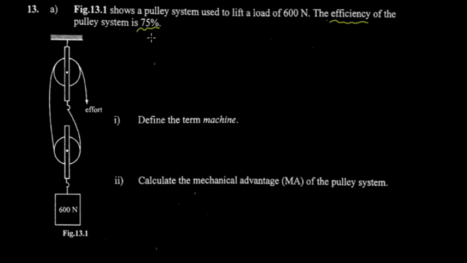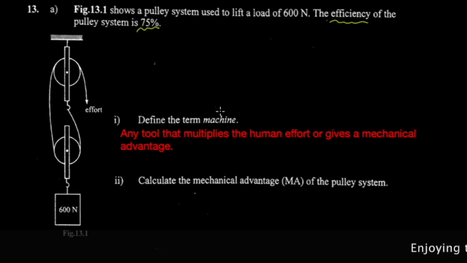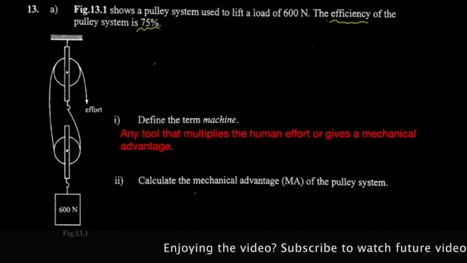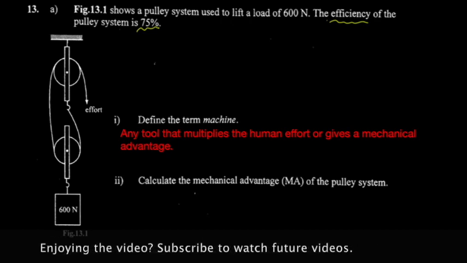We're given 75%. Then you're asked to define the term machine. A machine is any tool that multiplies the human effort, or that gives a mechanical advantage. And then another definition would be any machine.